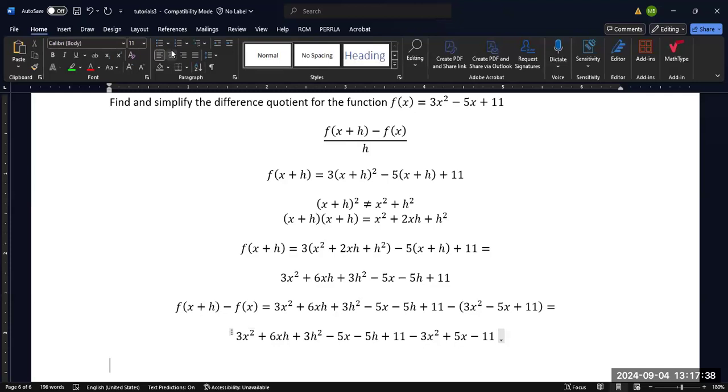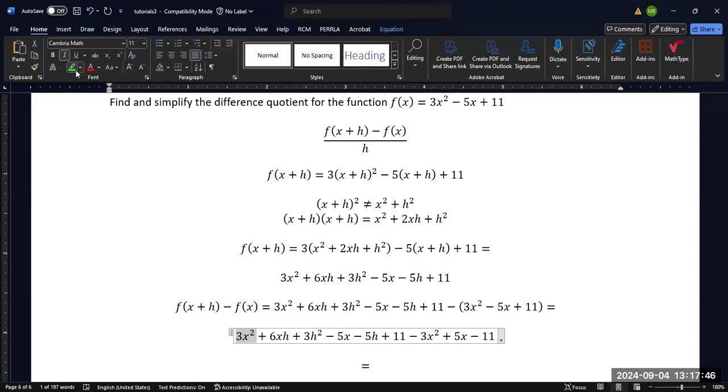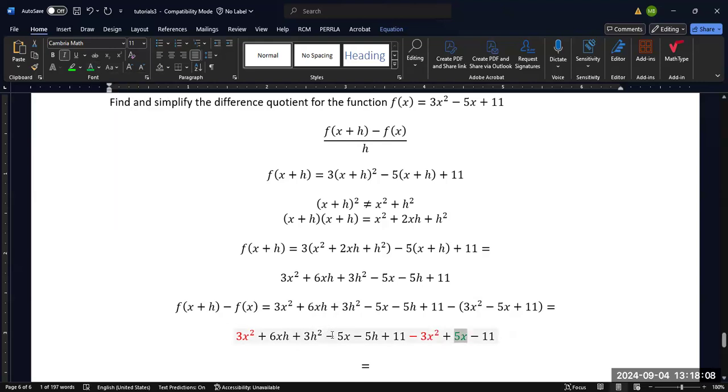Now, some of this is going to simplify. So let's see what simplifies. Let's color code them. 3x squared and minus 3x squared. They're gone. 5x and negative 5x.